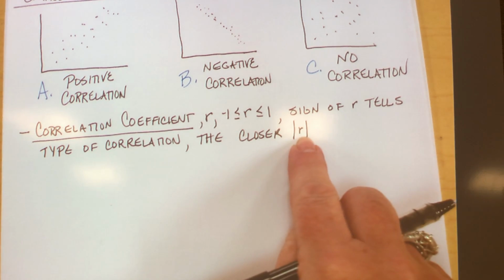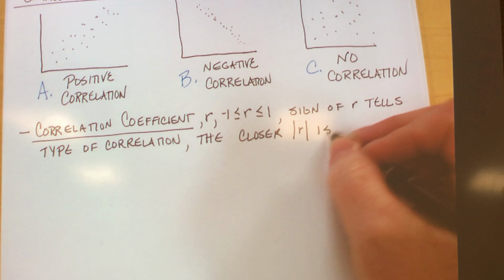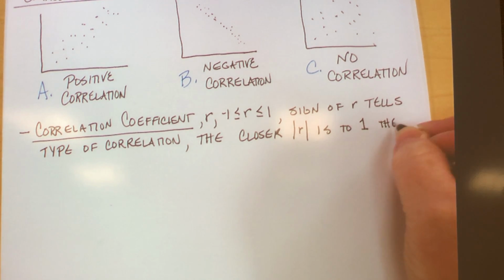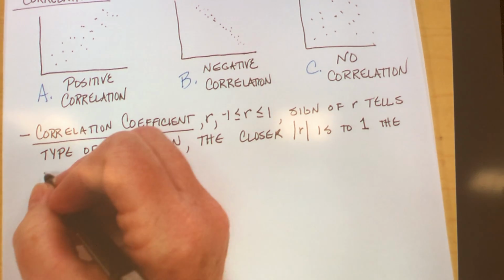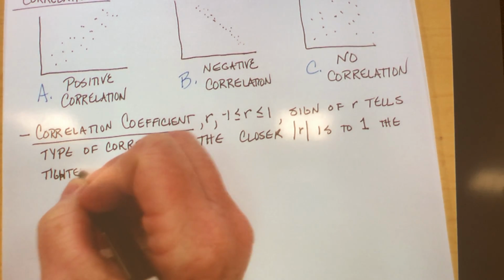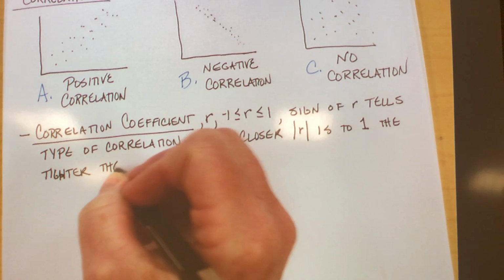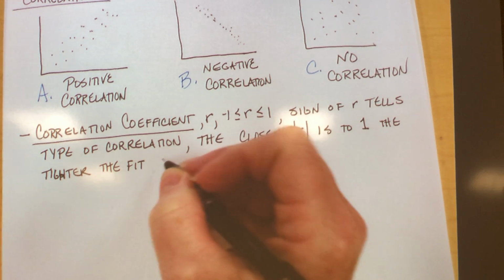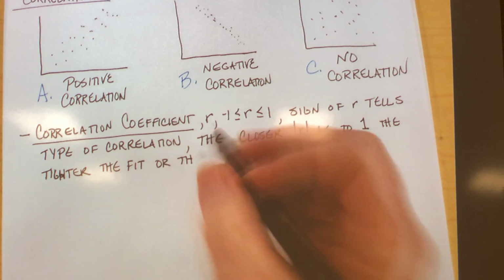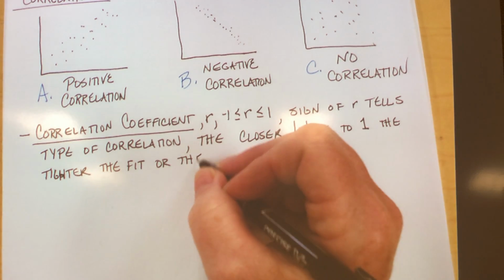The closer the absolute value of R is to 1, the tighter the fit, or the closer the points are to the line of best fit.